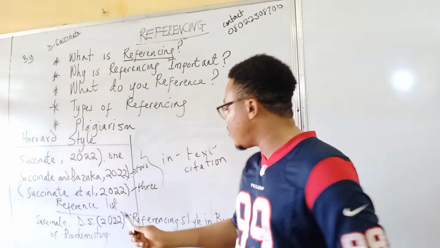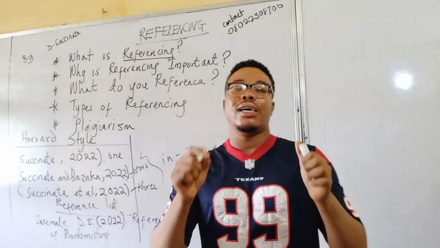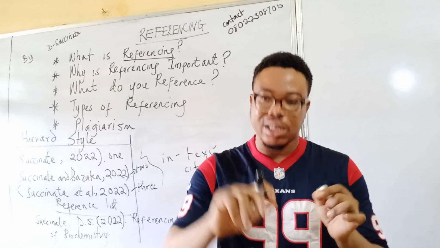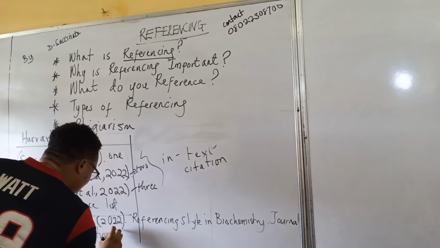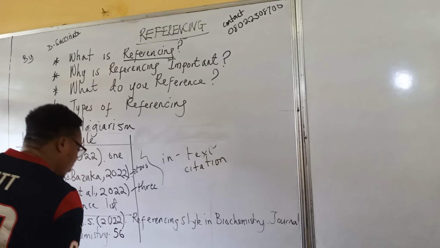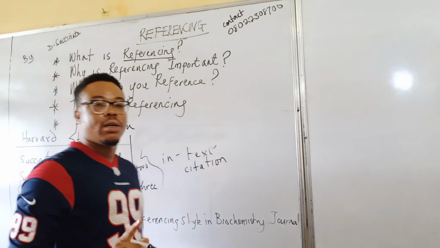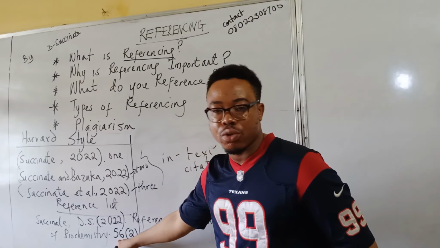And after that, you write the volume and issue number. Very, very important. Put the volume number, let's say for example 56, then the issue number, put 2, for example. Please take note of that. And this 56 must be bold.